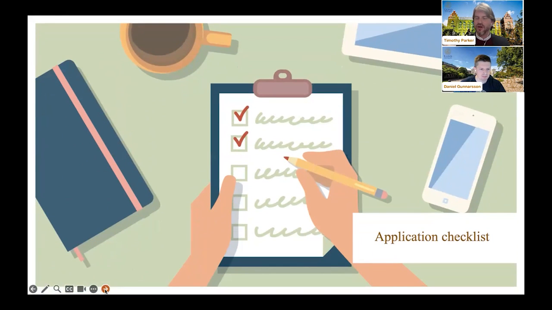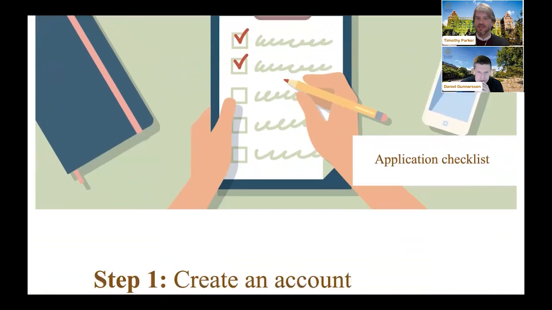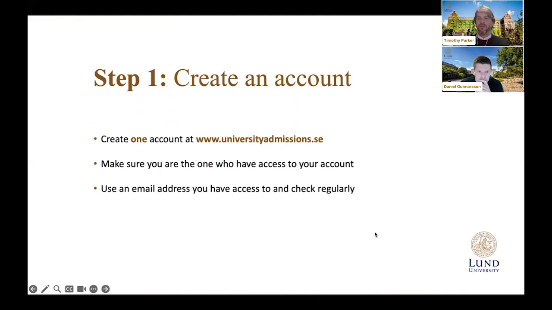So let's go through a quick checklist, and we can give you a few more details to make sure you haven't missed any key steps. So step number 1, go to the website which I just mentioned, universityadmissions.se, and make sure and create your account there. Make sure you are the one who has access to your account, and make sure that you have an email address when you're creating your account that you have access to and check regularly.